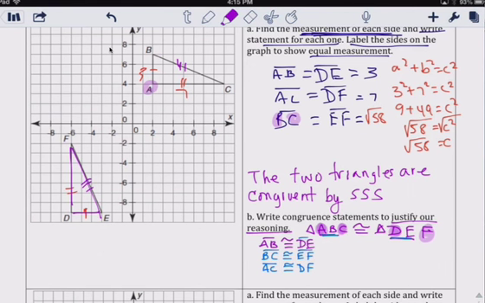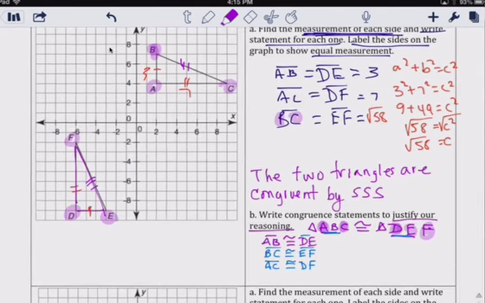A, B. So A is the same as D. So I wrote D. B is the same as E. And then, yeah, C, F. Okay, I wrote it right. So I wrote it in that order. Okay?